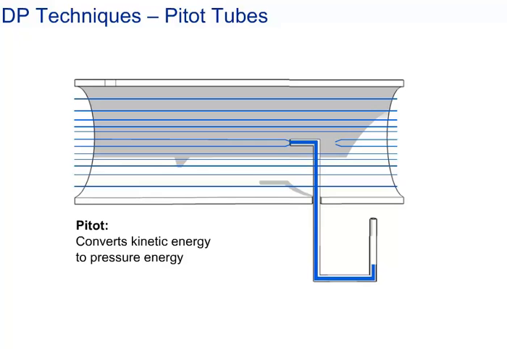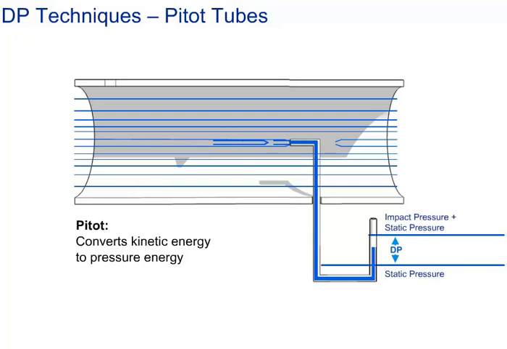This energy conversion is the opposite of that in most other DP flow devices, where pressure energy is converted to kinetic energy. A simple Pitot tube measures flow at only one small point in the pipe, and, to ensure this is representative of the average velocity in the pipe, the relationship between velocity and insertion depth into the pipe needs to be mapped using a process called traversing, so that the location where the point velocity is equivalent to the average or mean velocity can be found.